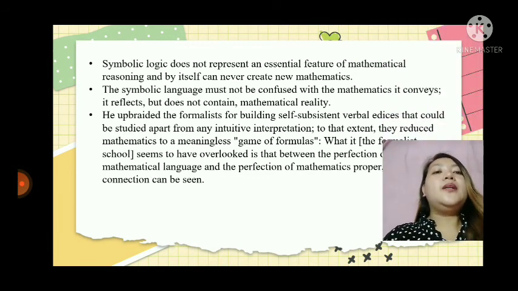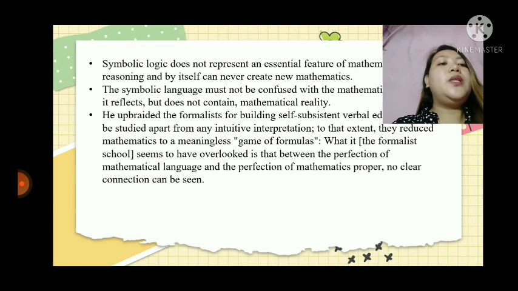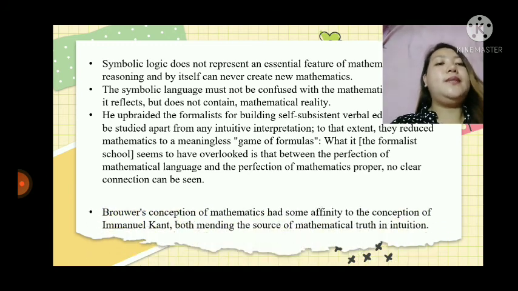He upbraided the formalists for building self-subsistent verbal edifices that could be studied apart from any intuitive interpretation. To that extent, they reduce mathematics to a meaningless game of formulas. What the formalist school seems to have overlooked is that between the perfections of mathematical language and the perfection of mathematics proper, no clear connection can be seen.